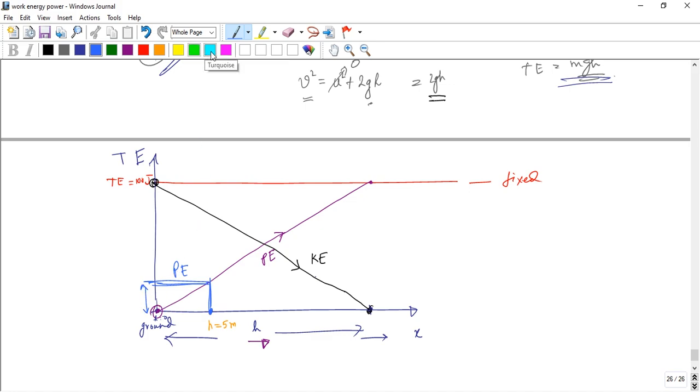So what is the kinetic energy at that height h equal to 5 meter?